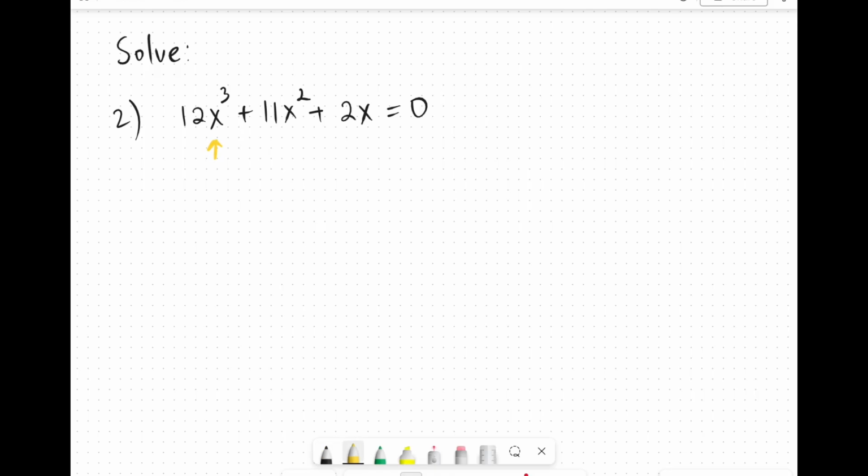Here you have x cubed, which is 3 x's multiplied by each other. Here you have two of them, and here you have one. If that is the case, your current trinomial has a GCF that you need to take outside before you start doing any other factoring.